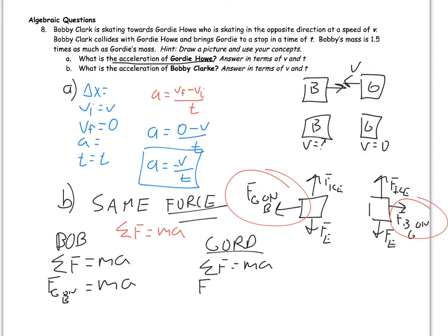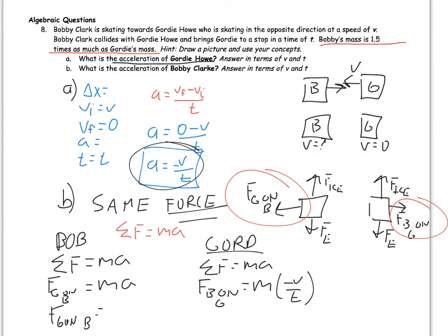The only force in this case is the force of Bobby on Gordie, and that's going to be equal to m times this acceleration here, negative v over t. One last little important piece that we can get from the problem, and that is that Bobby's mass is 1.5 times what Gordie's mass is. So that means that down here in my equation, I can say that this force of Gordie on Bobby is equal to 1.5 m times a.